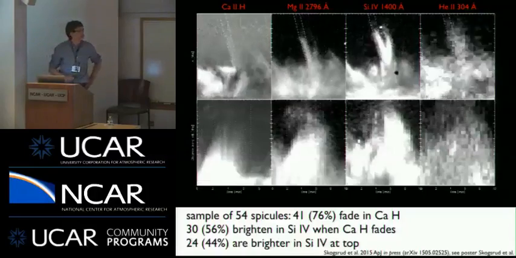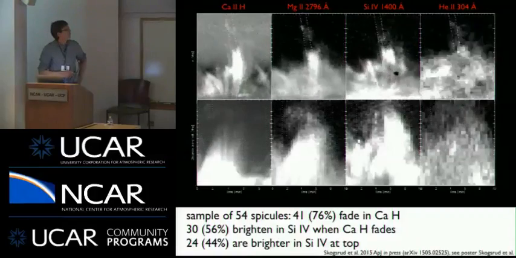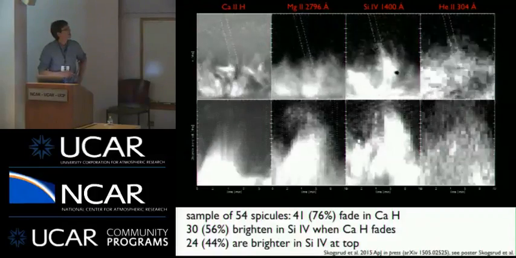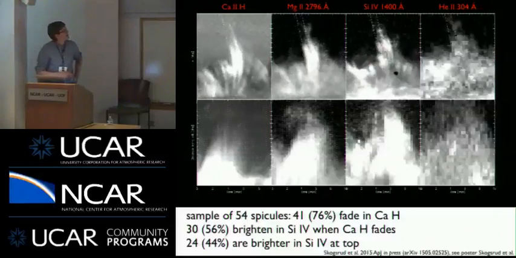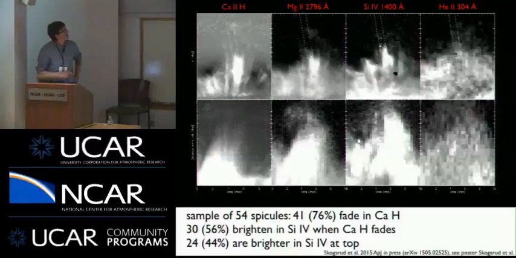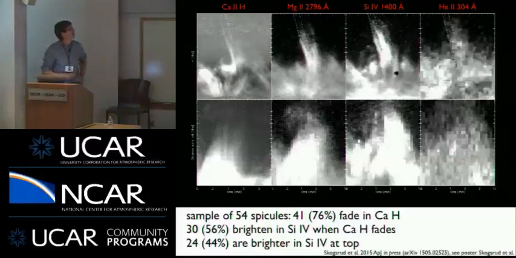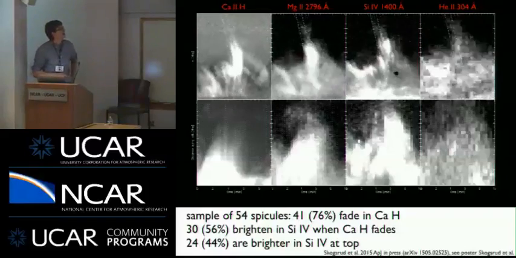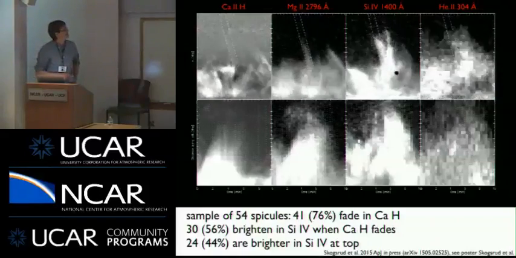Here we look at one spicule in more detail. We see the movie on top in calcium 8 and magnesium and silicon 4. And we trace the spicule with the slit, and we plot the maximum in intensity along the slit as a function of time.